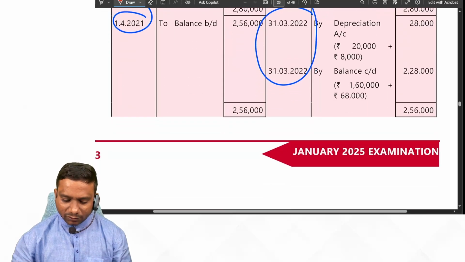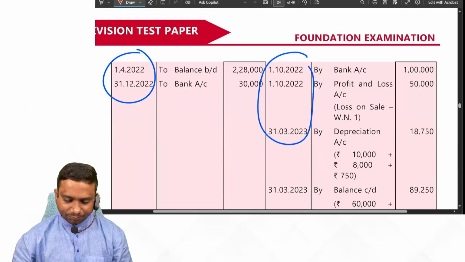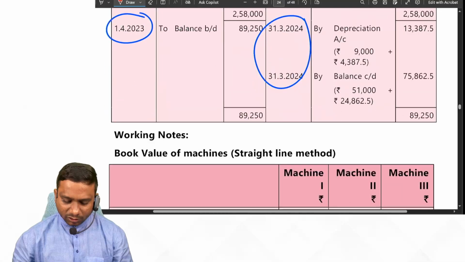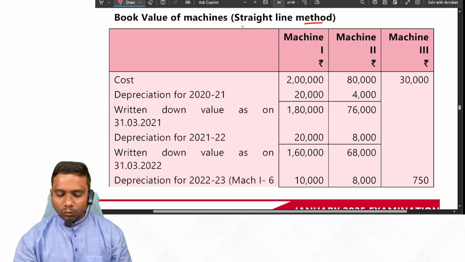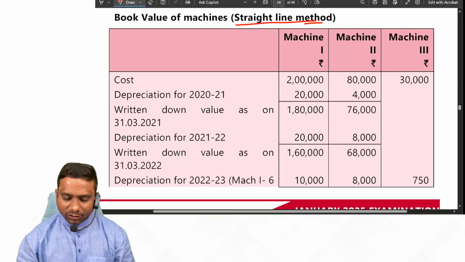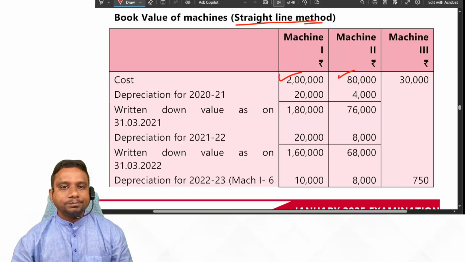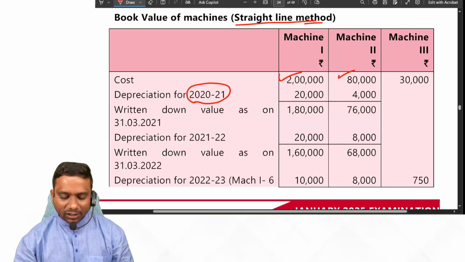For that, we have a working note. Observe carefully. Under the straight line method, we have machine 1, machine 2, machine 3, and their first cost. Next, depreciation for 2021.